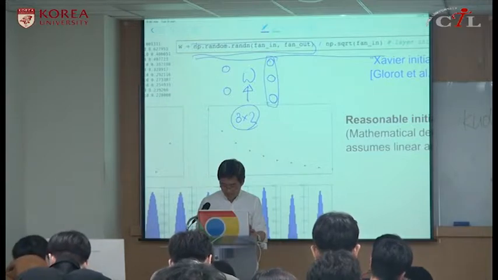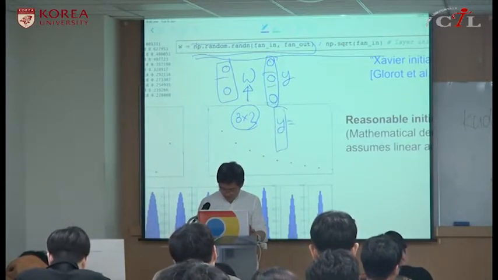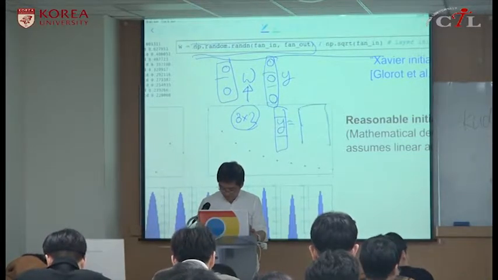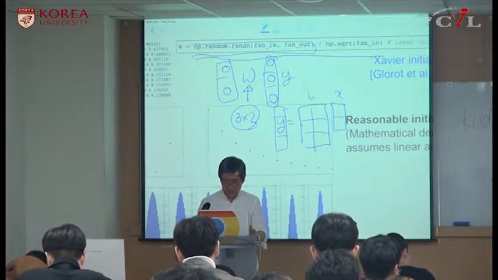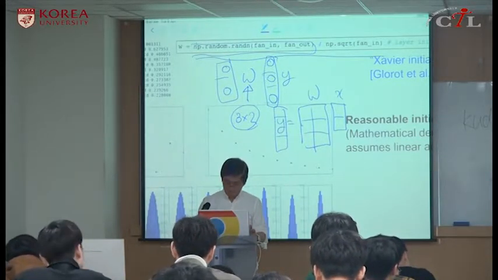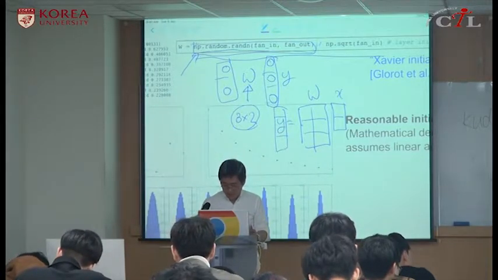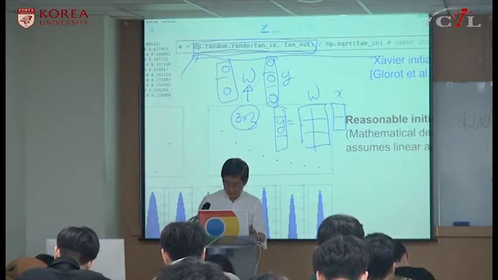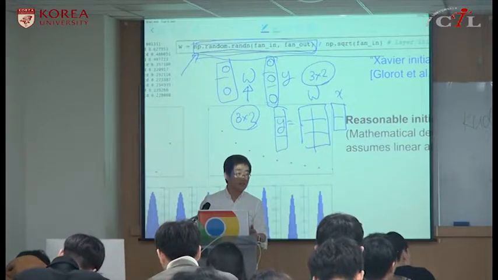This Y vector is represented as this vector X times our W matrix, right? So this part is actually randomly initializing this whole matrix of 3 by 2 size, okay?